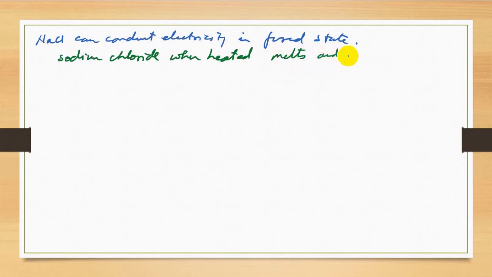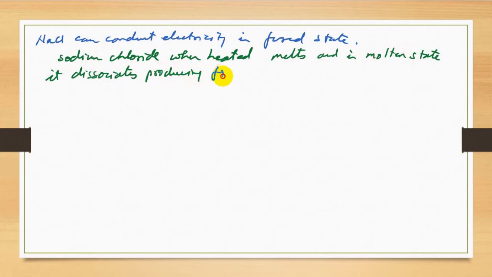And in molten state, it dissociates, producing free ions, which can move. So you have free ions and the ions can move.